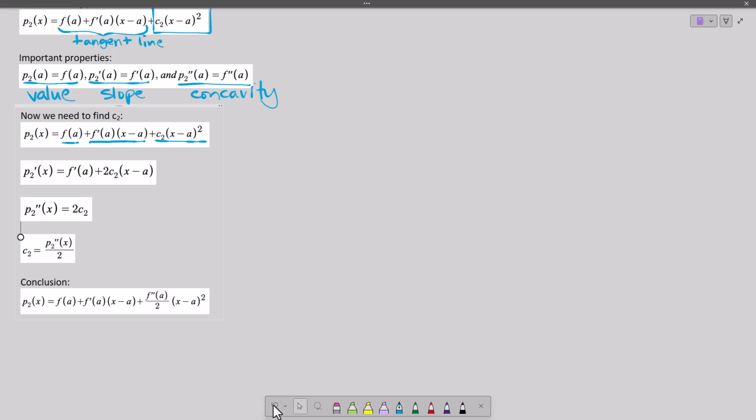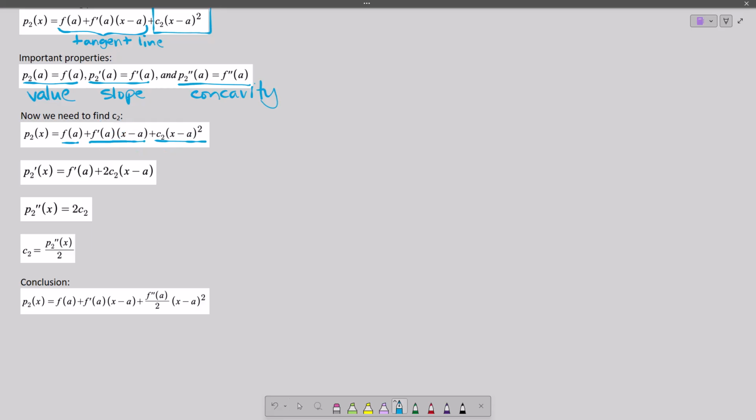So if we plug in A right here and right here, so P2 of A, this term disappears and this term disappears, and the value of the function is going to match the value of this quadratic approximation. Right? If you plug in A, both of those disappear. So this shows us that the value matches.